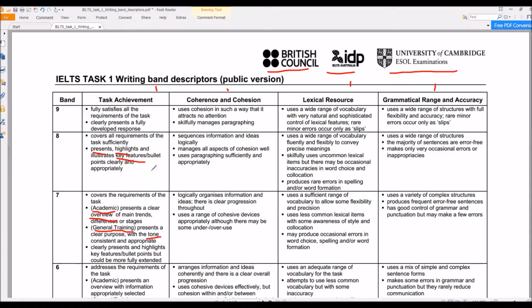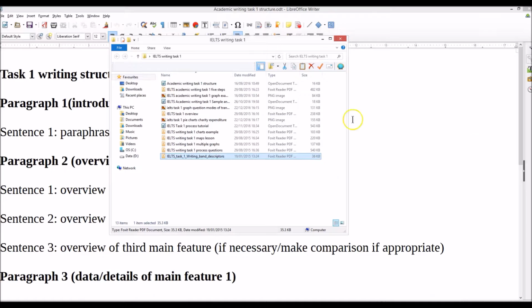Every dip and trough and rise on a graph. They put in too much information. They find it difficult to just choose the main features. Anyway, that's something we'll have a look at. So that's the criteria.